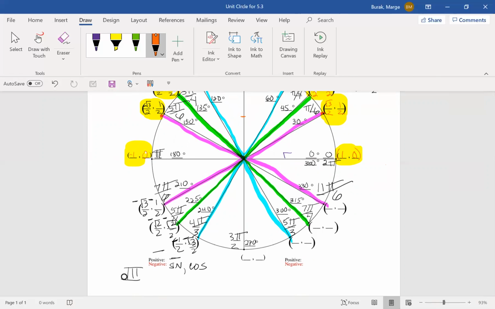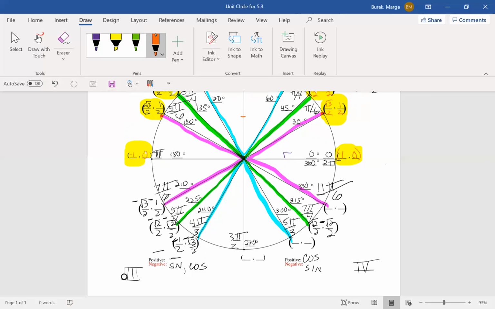Then in quadrant 4, we have a positive cosine and a negative sine. I always put the radical 2 over 2's in the middle first, so the cosine is positive but the sine is negative.